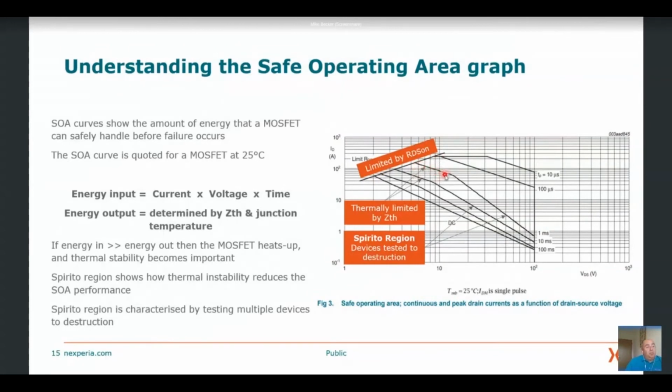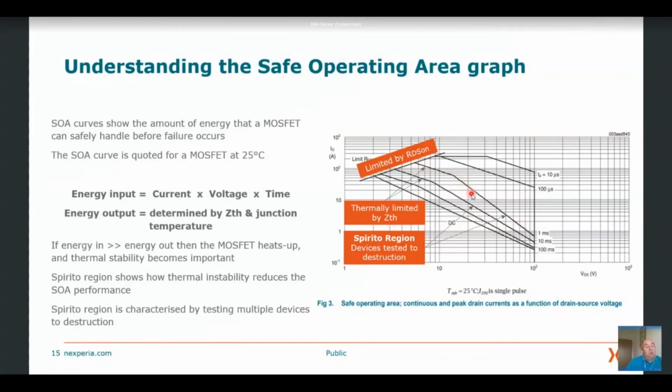Then you've got the first part of the curve, and this part is typically limited by the Z theta. That's the thermal impedance that we, as MOSFET manufacturers, measure in the lab with some fairly sophisticated gear, and you'll find a graph on the data sheet which has the Z theta.